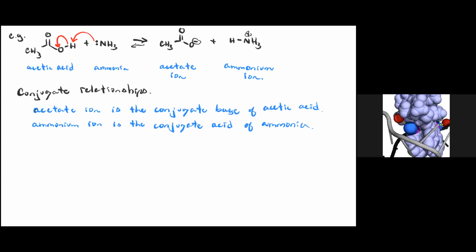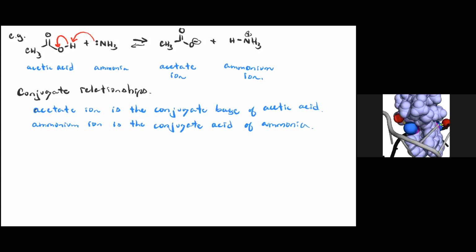So I can say deprotonation of this ketone to make its conjugate base, and everyone knows what that means. Or protonation of this anion to form its conjugate acid. It just gives us a nice, easy way to tie together two compounds that are related by a proton transfer.